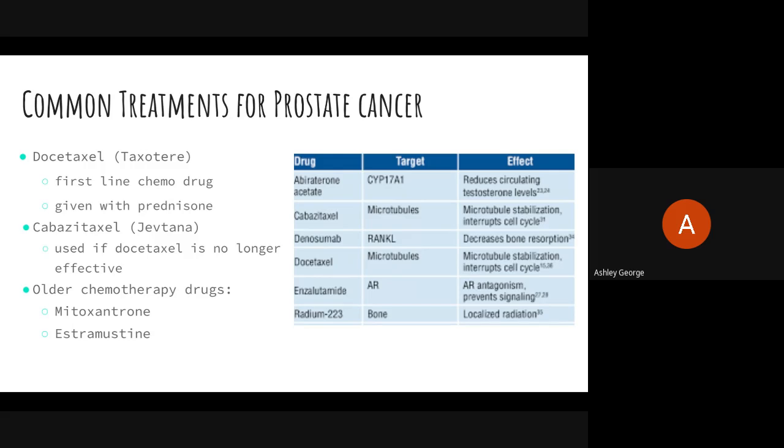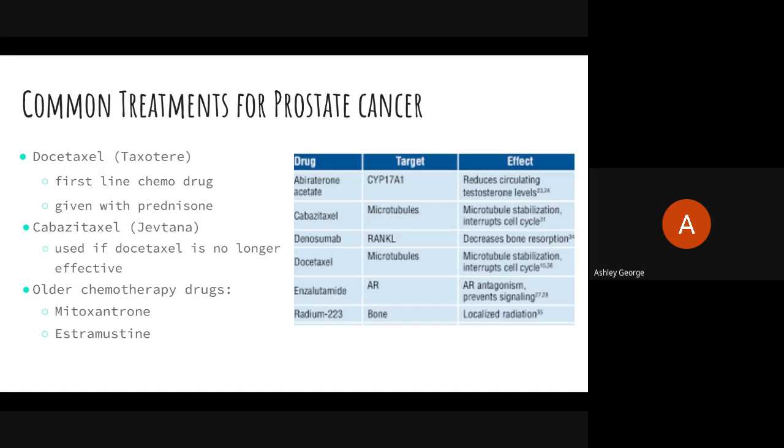It works through competitive inhibition, which is essentially where enzalutamide mimics the target, so it competes with the androgens to bind to the androgen receptor. It looks similar and has similar properties to the androgens, so it tries to beat the androgens to the androgen receptor, which effectively prevents the androgens from binding and prevents that receptor from moving to the nucleus of the cell.